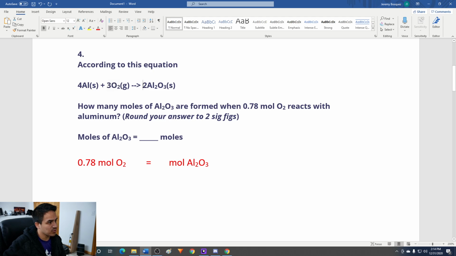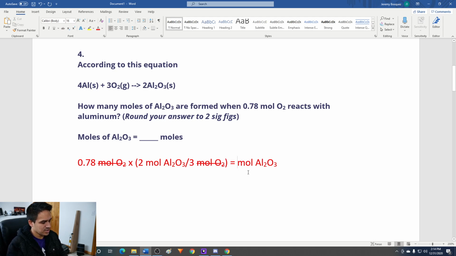Okay, so for every 3 moles of oxygen, we'll make 2 moles of Al2O3. So again, since I'm starting with moles of O2, I want to put the 2 moles of Al2O3 on the top of my fraction and the 3 moles of O2 on the bottom of my fraction, okay, like this. That way my moles of O2 will cancel, and I'll be left in moles of Al2O3.